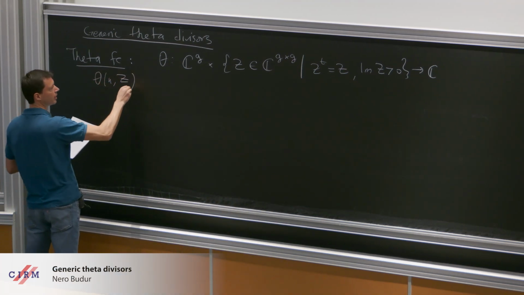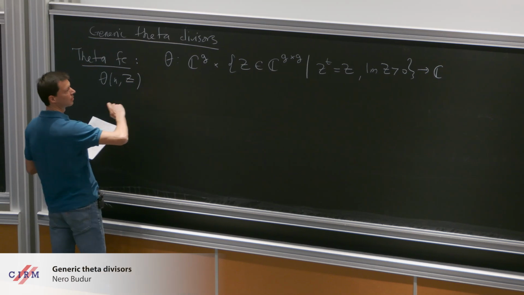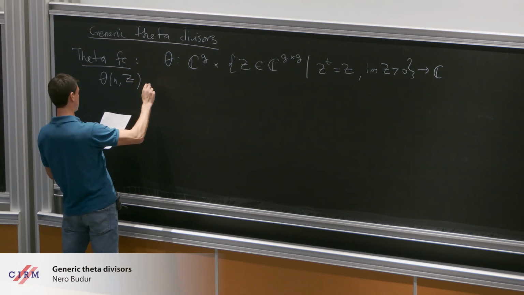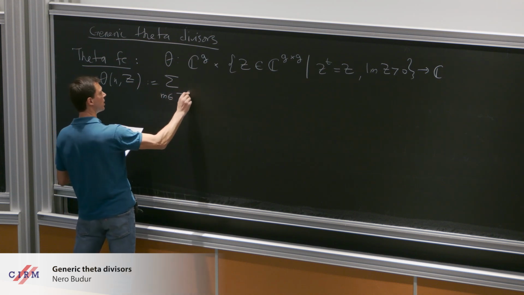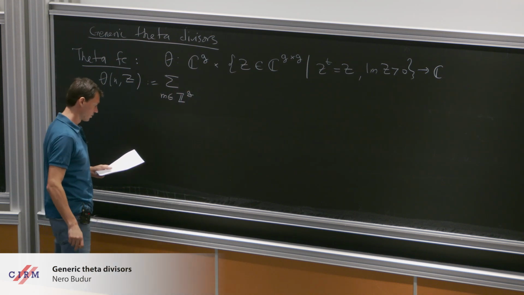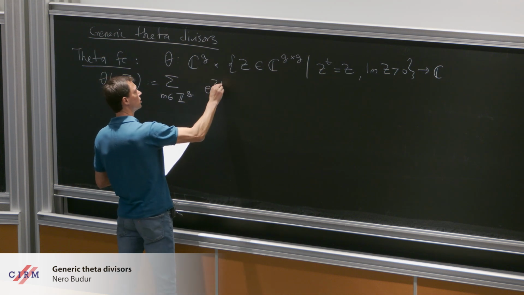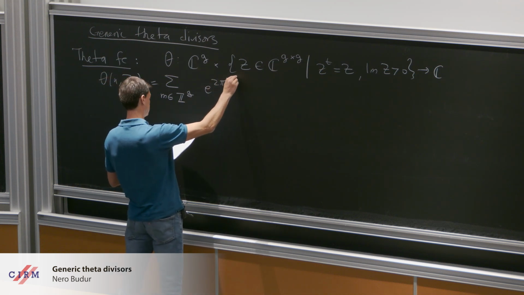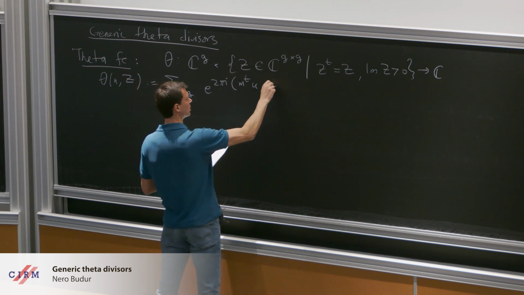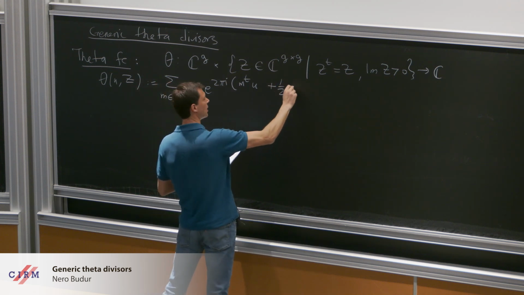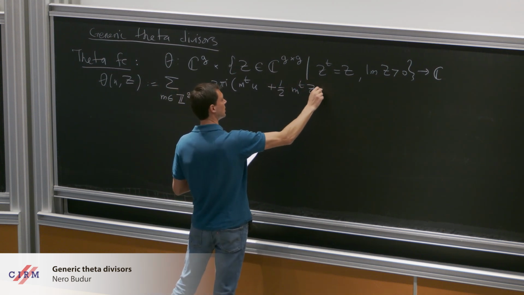If u is a vector in C^g and Z is a matrix, then we have the following: the summation over all integral vectors m of e to the 2 pi i times (the transpose of m times u, inner product, plus 1/2 m^T Z m).